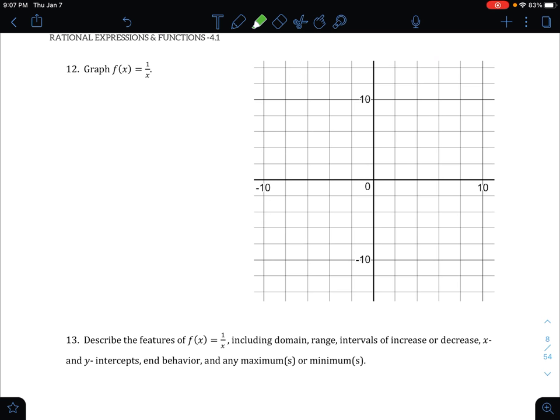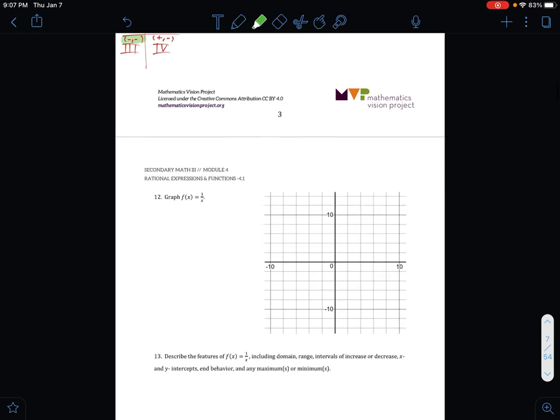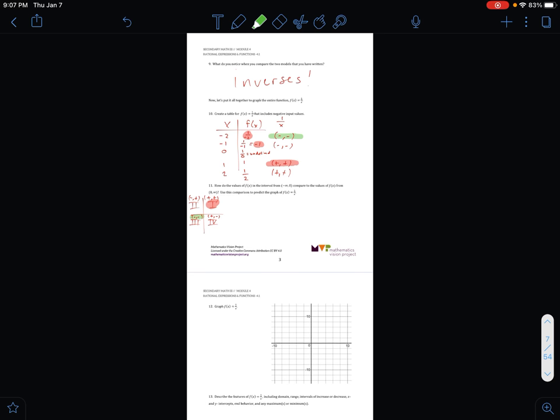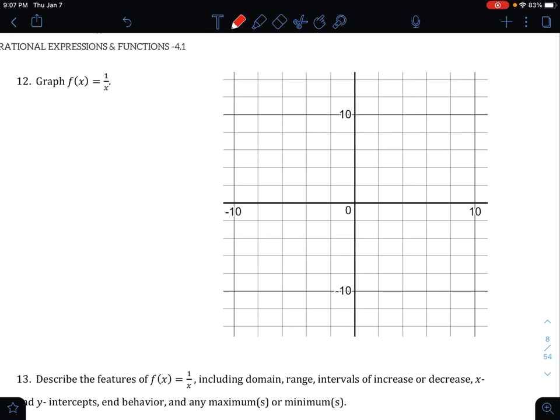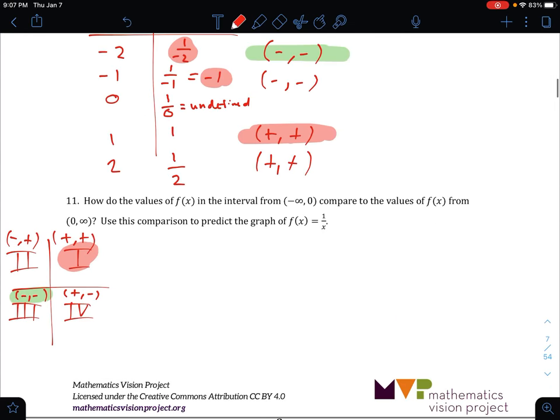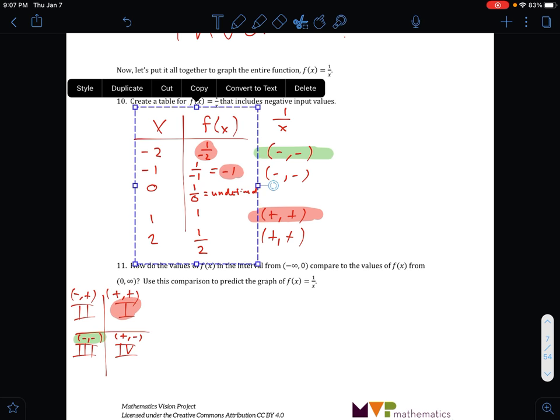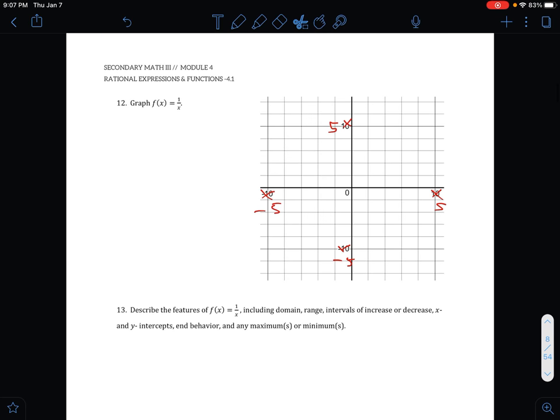So now they ask us to graph, which fortunately we've already come up with a table. So we could go ahead and steal some points from that. One thing I am going to recommend you do, let's change these values to negative 5, 5, 5, and negative 5 here. It'll make our lives a little bit easier. And I am just going to copy paste this down there.